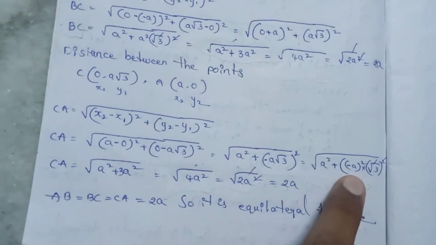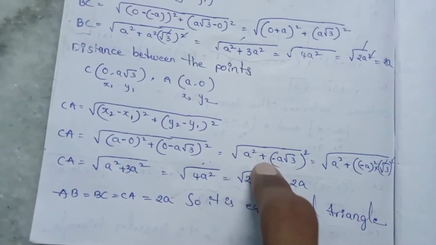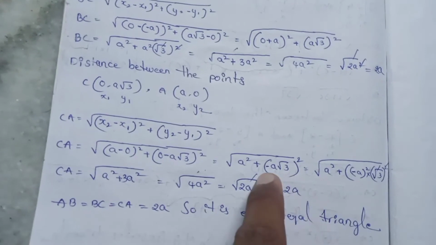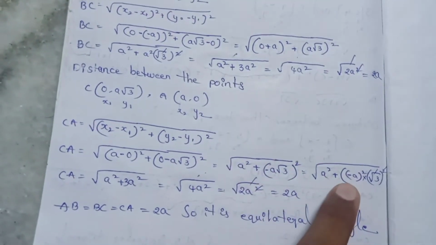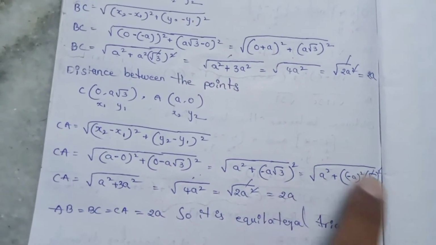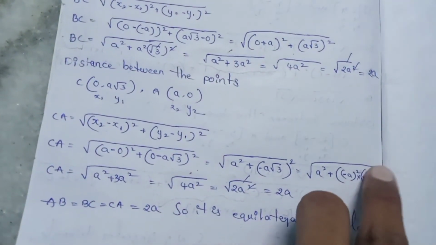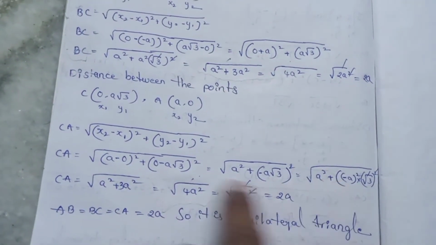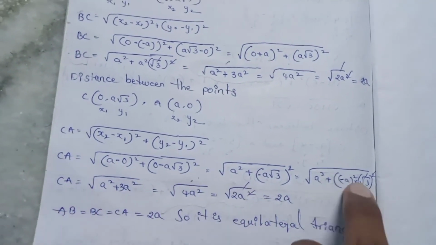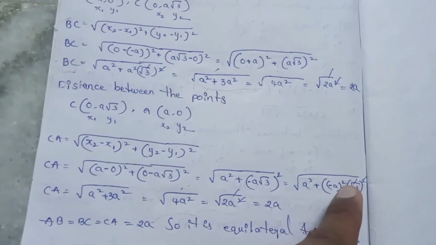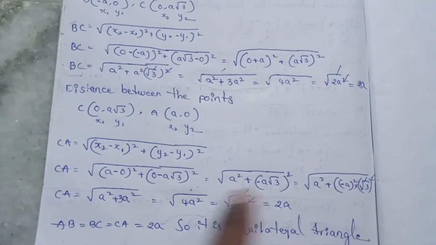Now A square I have written as it is, plus. Here two terms are there, so I am separating the square term for both: minus A whole square into root 3 whole square. The square root cancels here. CA is equal to A square plus minus A whole square, which is minus A into minus A, that means A square only.